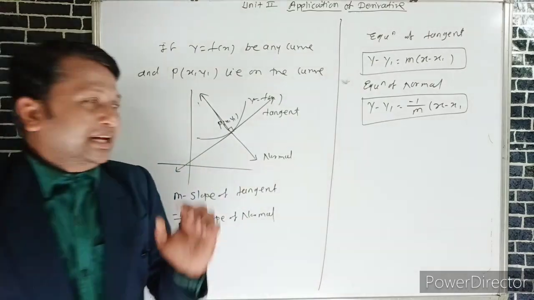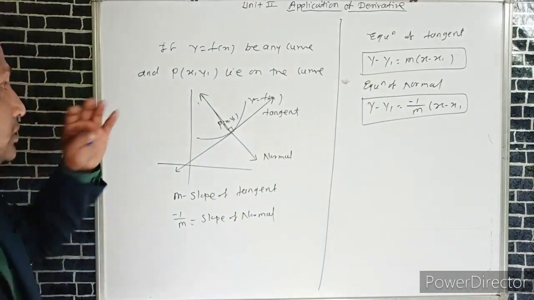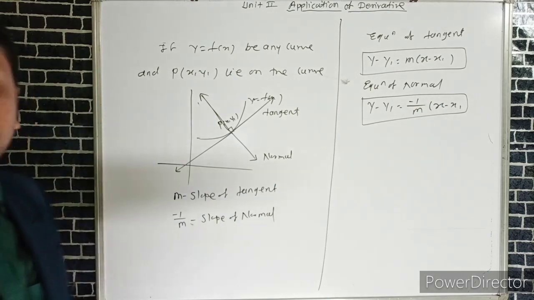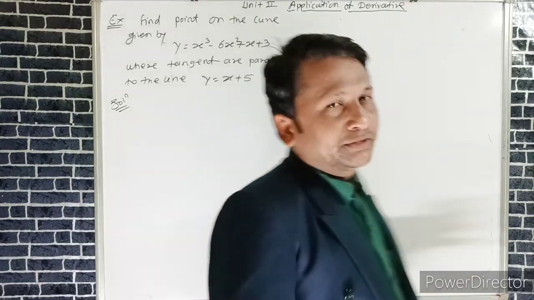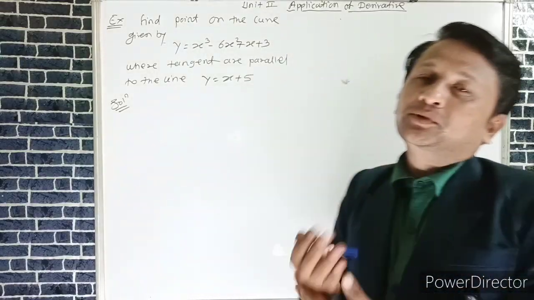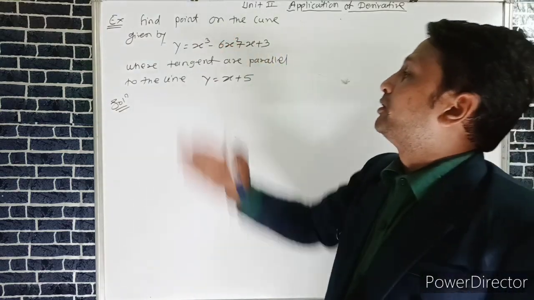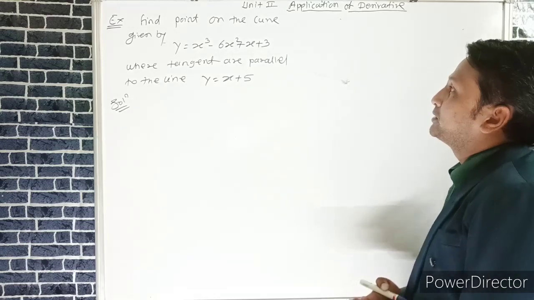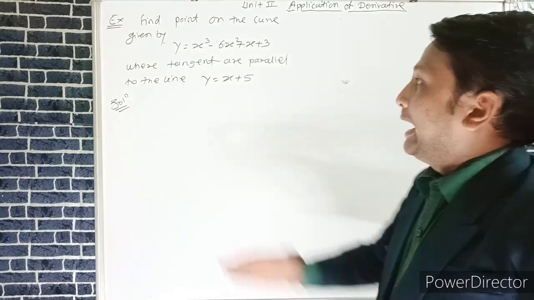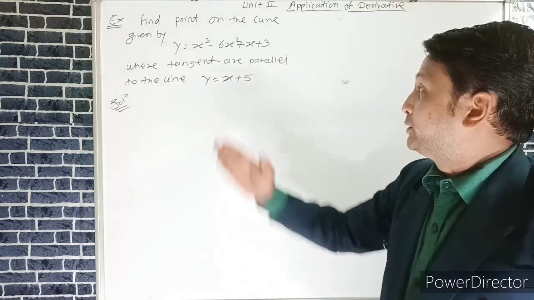By using this same process, we now have to solve the examples given as follows. In the first example, by using the equation of tangent and equation of normal, we find the point on the curve y is equal to x cube minus 6x square plus x plus 3, where the tangent is parallel to the line y is equal to x plus 5.